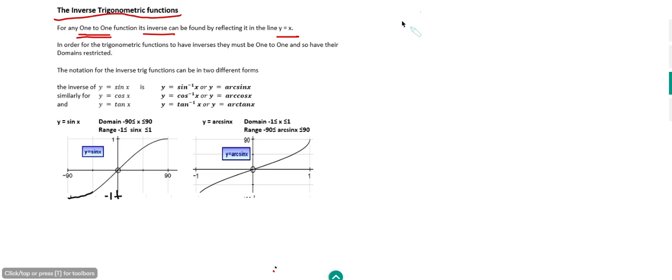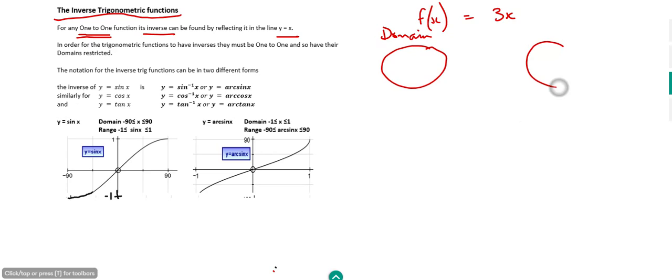So if we consider that for any function, for example, f of x equals 3x, we've got a domain, which is the set of values that we put into the function, and then the values that we get out of the function are in the range.